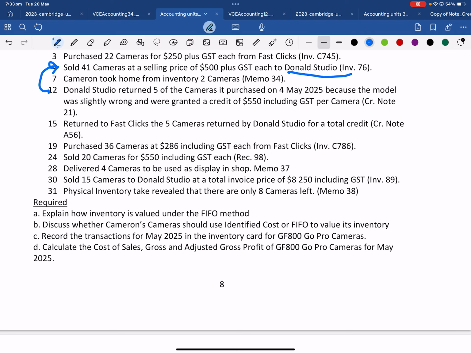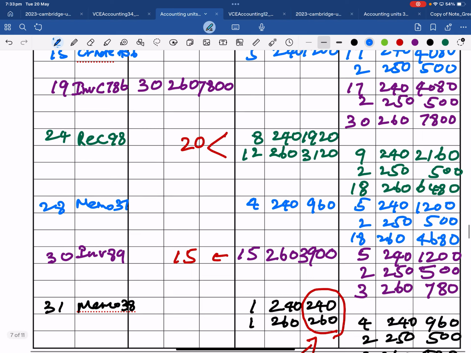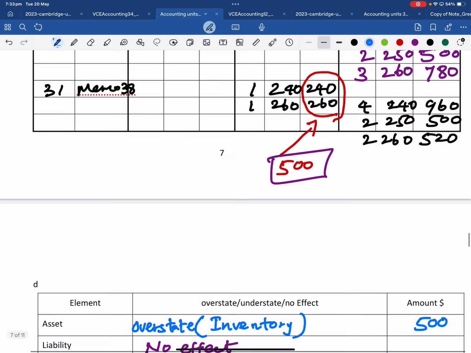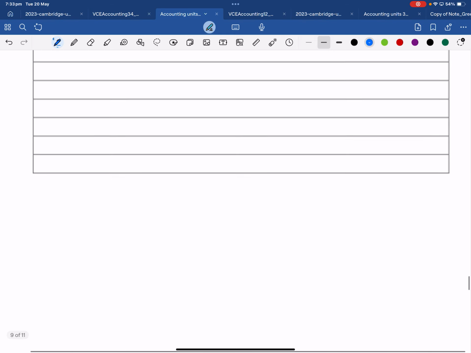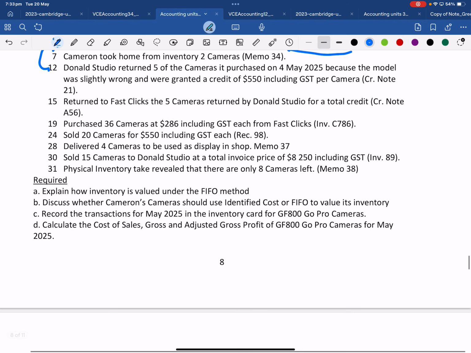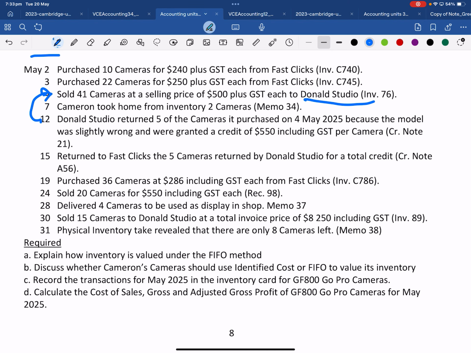Hold on, guys. Don't write. Can you make it 30, not 36?